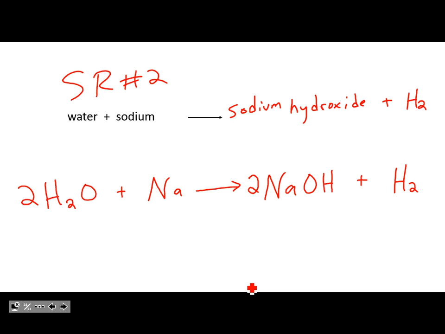My reactant side has 2 oxygens. So I believe all I have to do is put a 2 there, and I have a balanced equation. Would you agree with me? Any questions about that particular one?